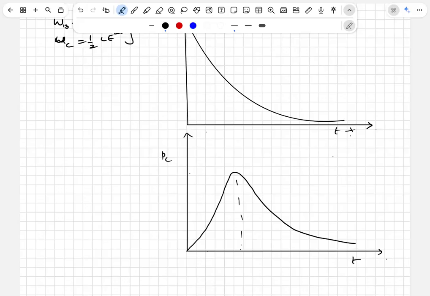It reaches a maximum and thereafter it again falls to 0. This happens at t is equal to RC times natural logarithm of.